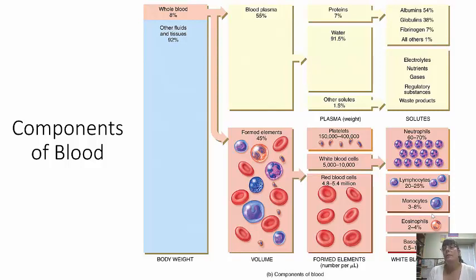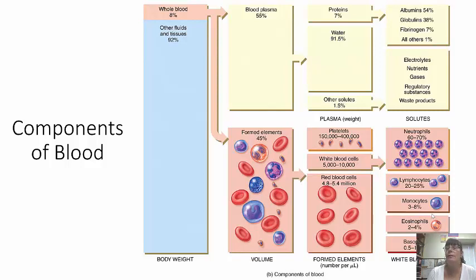The formed elements are the platelets, the white blood cells, and the red blood cells. Red blood cells we have the most of, ranging anywhere from 4.8 to 5.4 million. White blood cells about 5 to 10,000. And then platelets, which act in coagulation, we have about 150,000 to 400,000, somewhere in those areas.